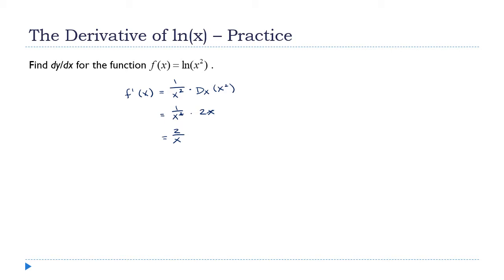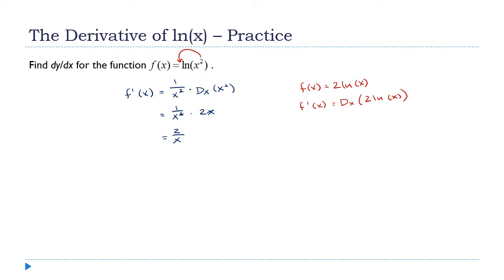Okay, let's try it again. This time come at it the logarithm way. One of our logarithm properties says I can take that 2 and bring it out in front. So I can make this f of x equals 2 log of x. Now let's differentiate. F prime of x is the derivative of 2 log of x.